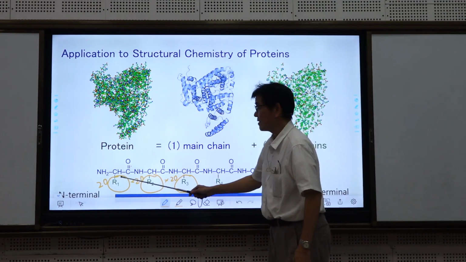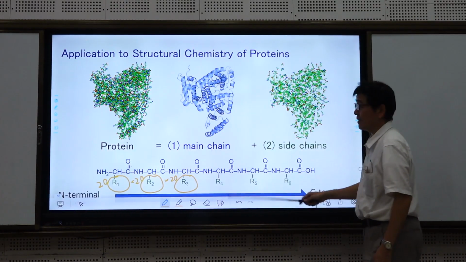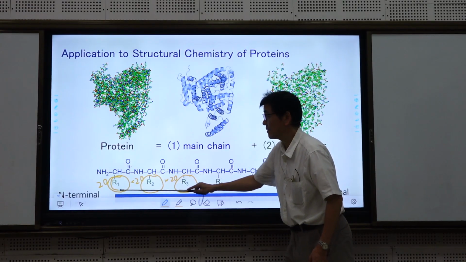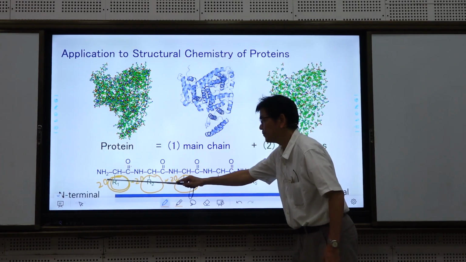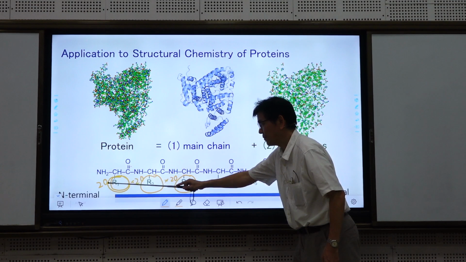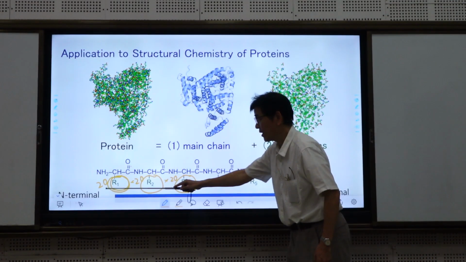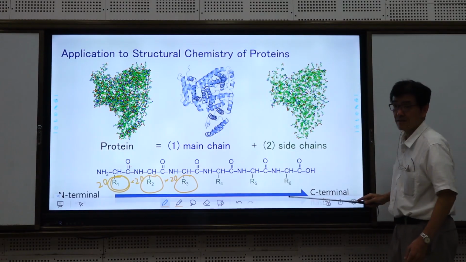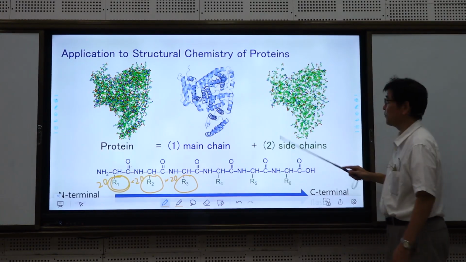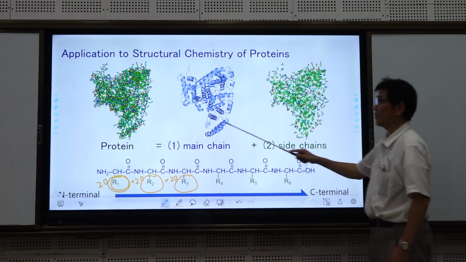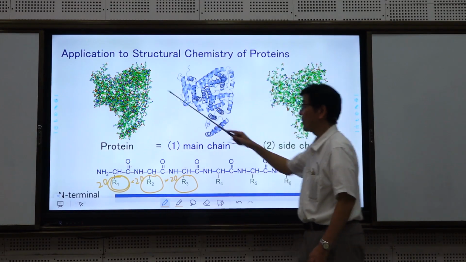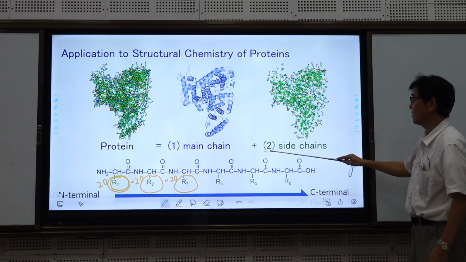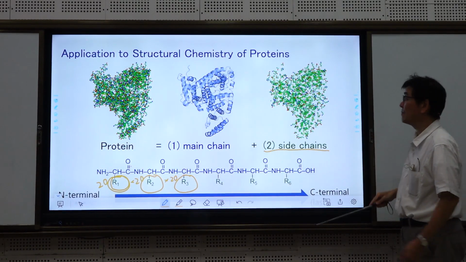Anyway, this is the side chain, and the order of the R1, R2, R3, R4, R5, R6 side chains determines the property of the protein. The green part is the side chain.